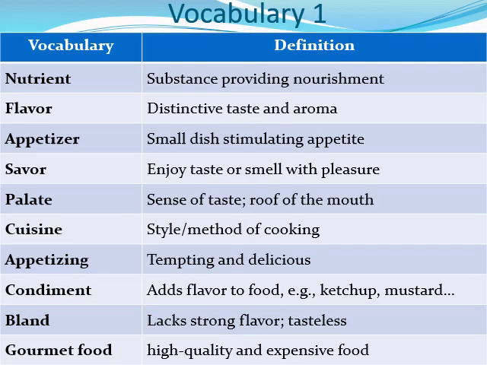Now, I will read the definitions to you. And as always, I encourage you to repeat what I say out loud. If not, repeat it in your head. Let's start. Nutrient, substance providing nourishment. Flavor, distinctive taste and aroma.